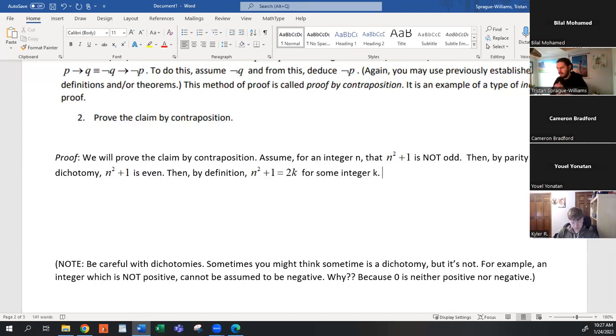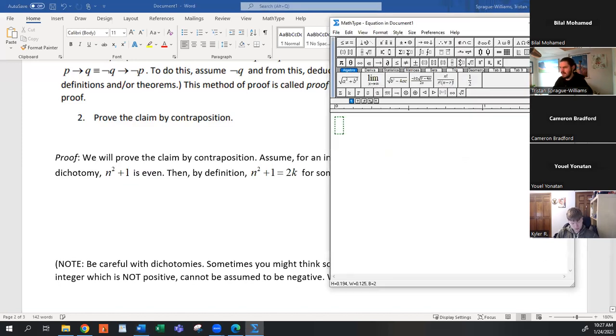All right. So we're getting close. So maybe what we want to do now is a little bit of algebra. Instead of n squared plus 1, why don't we subtract the 1 over to the other side and get n squared equals 2k minus 1. And then maybe write that as, so 2k minus 1 is almost the same as 2k plus 1, but it's not quite right.